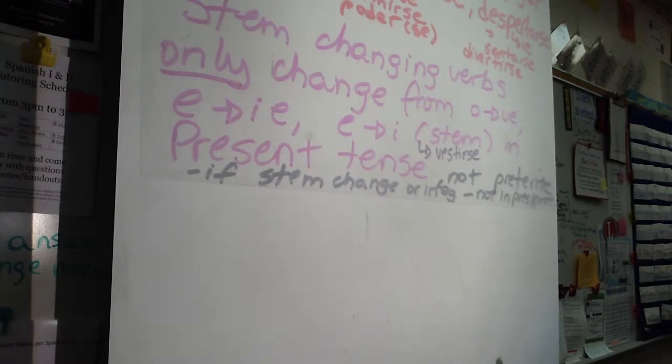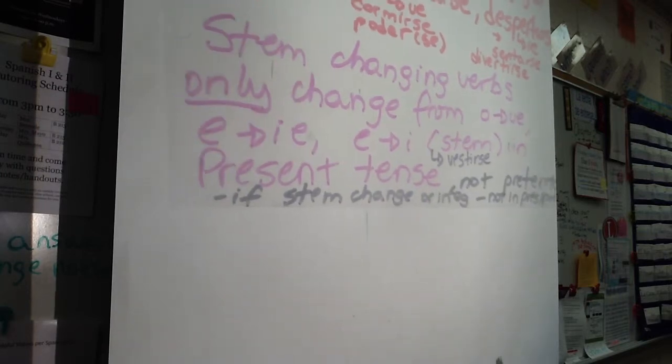But when we did hacer in the preterite, it was totally irregular. Hice, hiciste, hizo, hicimos, hicieron. So just know from the beginning that if something is irregular in the present tense, it may or may not be in the preterite. And if it's irregular in the preterite, it's most likely going to be a different kind. Know that different tenses have different rules. That's all I want you to know for now.